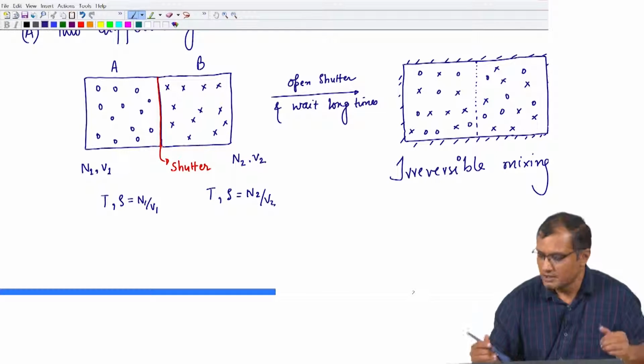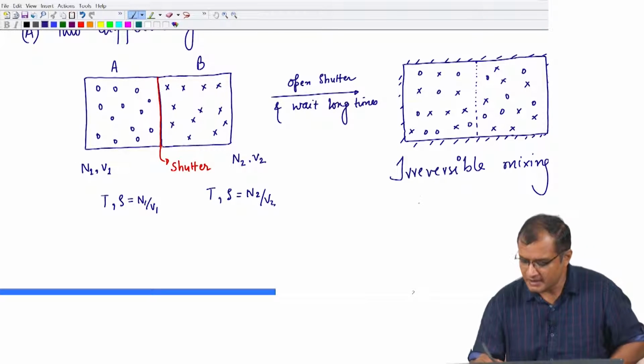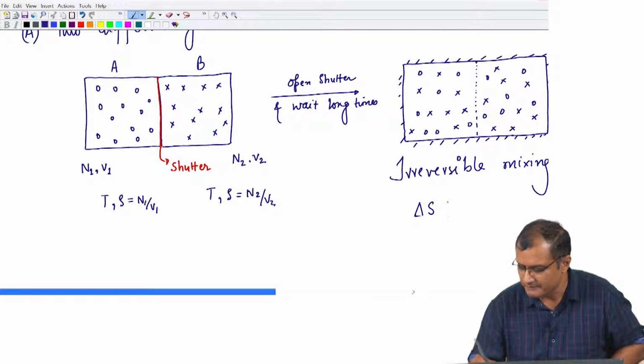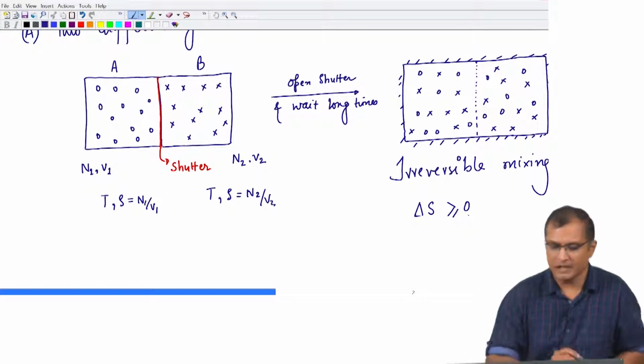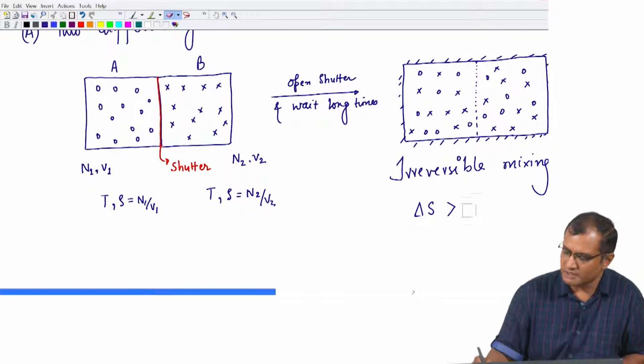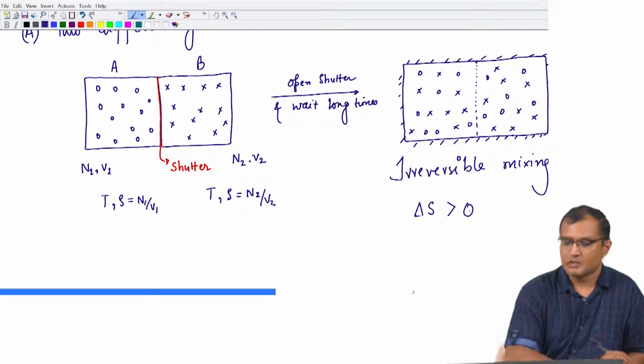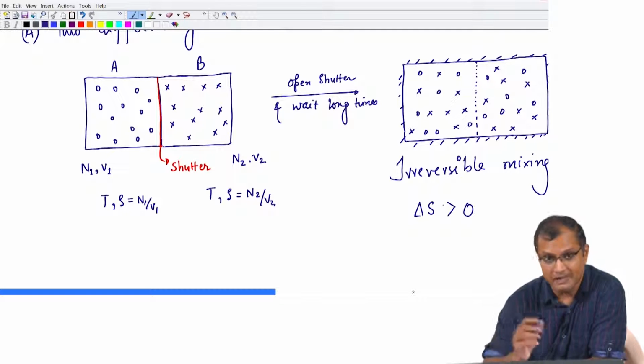So, it is well known from the second law of thermodynamics that I must see the total entropy of the universe increase. It is in fact greater than 0, the equality should not be there, and I will call this the entropy of mixing.